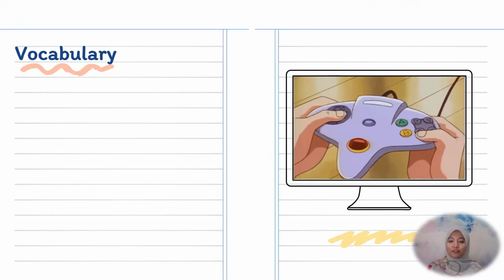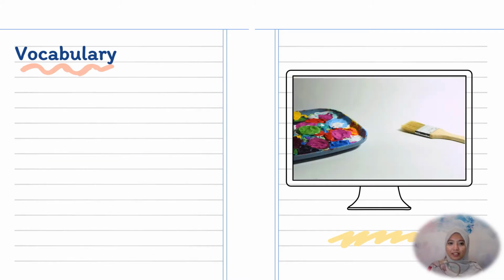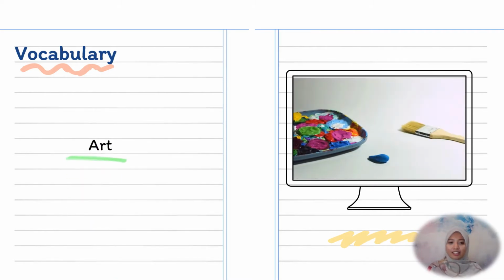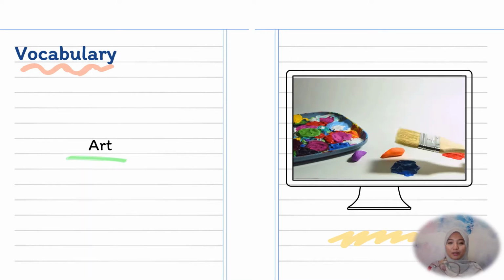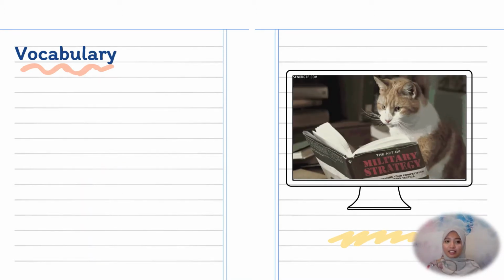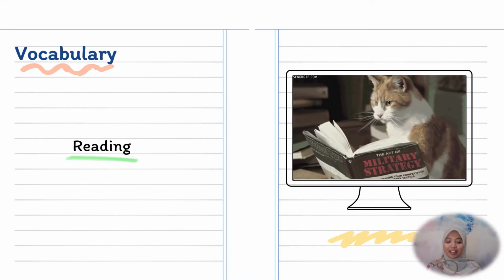First one, video games. Video games maksudnya permainan video. Second one, art. Art maksudnya melukis. Next is reading.